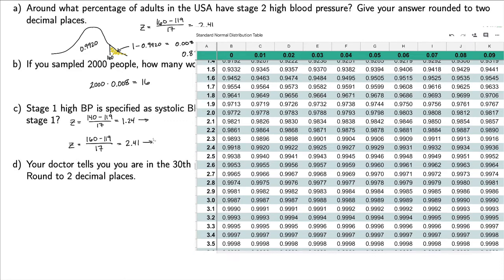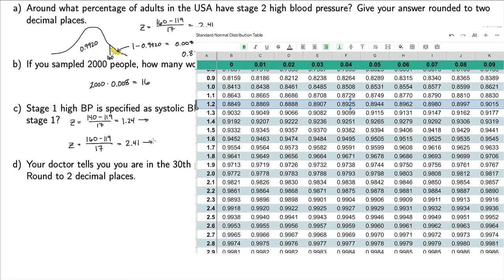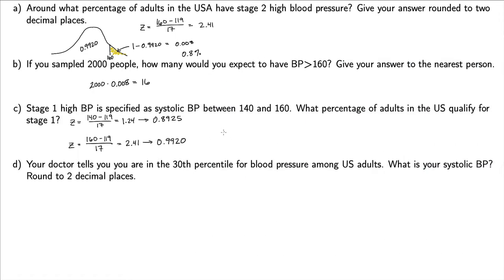For 1.24, we go to 1.2 and over to 1.24, which is right there: 0.8925. And for 2.41, we get 0.9920.